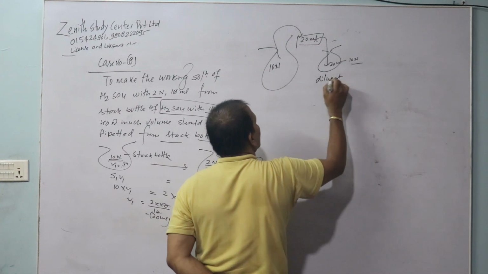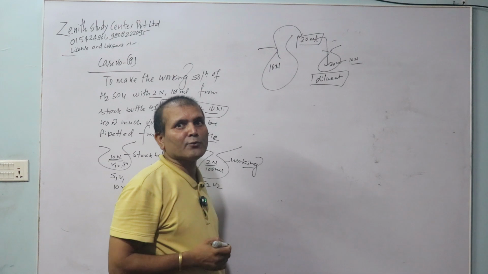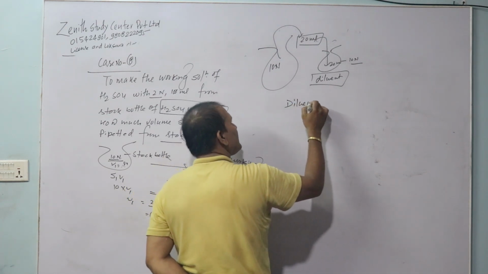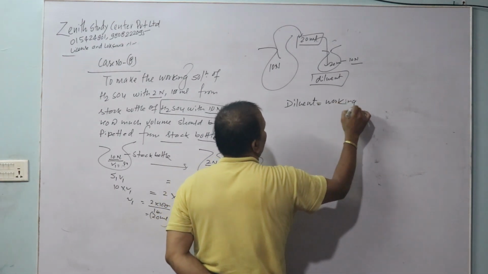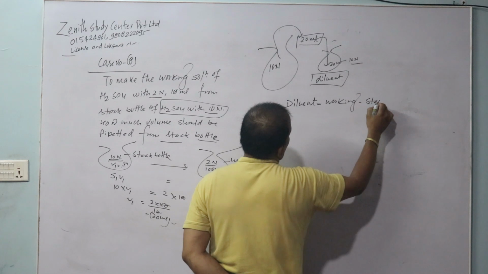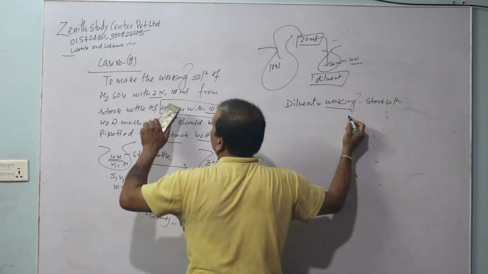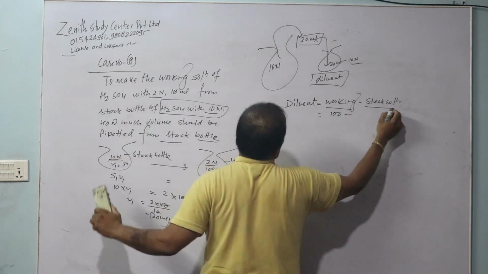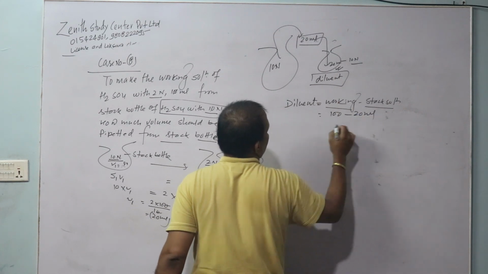So we need a diluent. How much diluent is needed? If a question asks how much diluent is needed, then diluent is equal to working volume minus stock solution. What is your working solution? 100 ml. 100 minus, what is the stock solution? You have pipetted 20 ml.